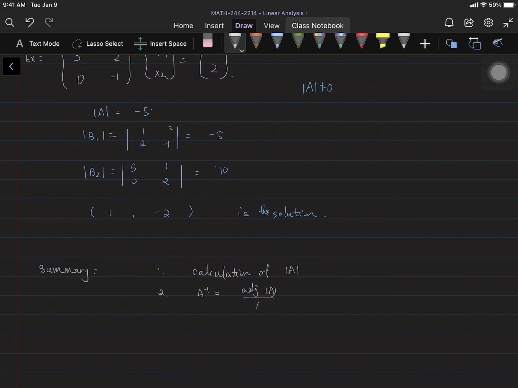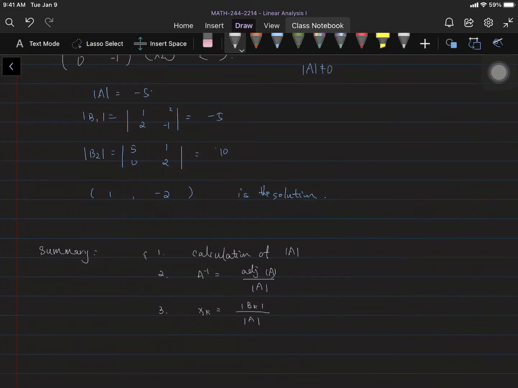Adjoint A over determinant of A. Adjoint is the transpose of the cofactor matrix. Number 3, find the solution by using Cramer's rule. Determinant of Bk over determinant of A, and Bk is the matrix where you replace the k-th column by the constant B. So just need to know those 3 things. Okay, that's all about the determinant. We can stop here.